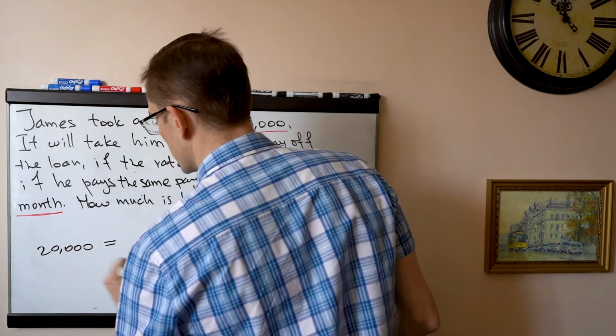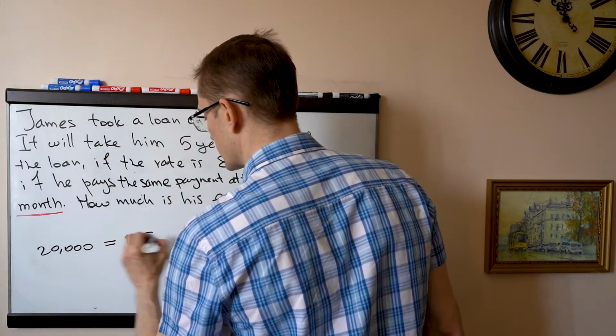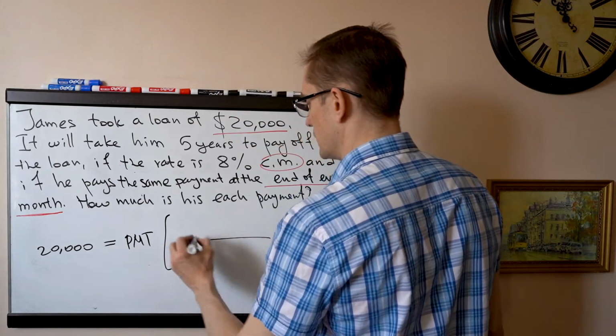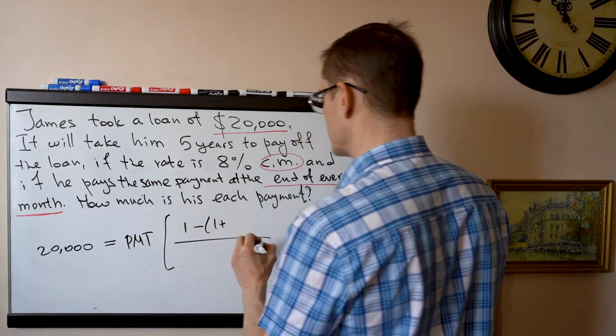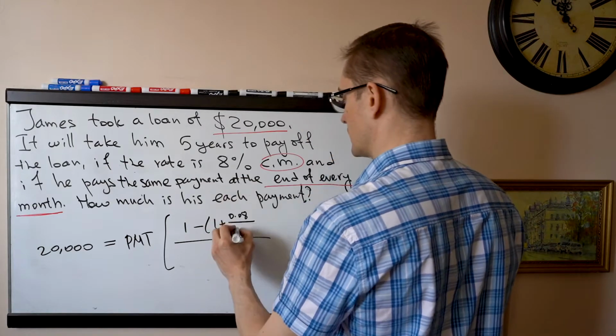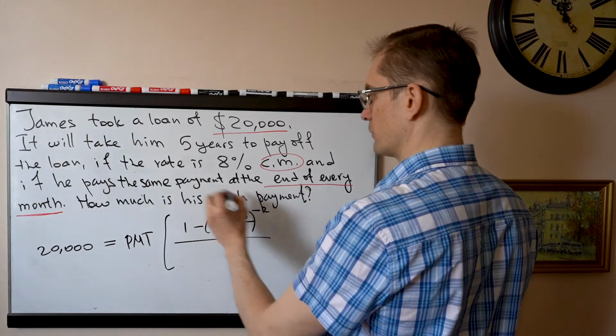Well, what this means is that $20,000, being the present value, should be equal to PMT, the payment which we don't know, multiplied by 1 minus (1 plus 0.08 divided by 12) to the power minus 12 times 5.